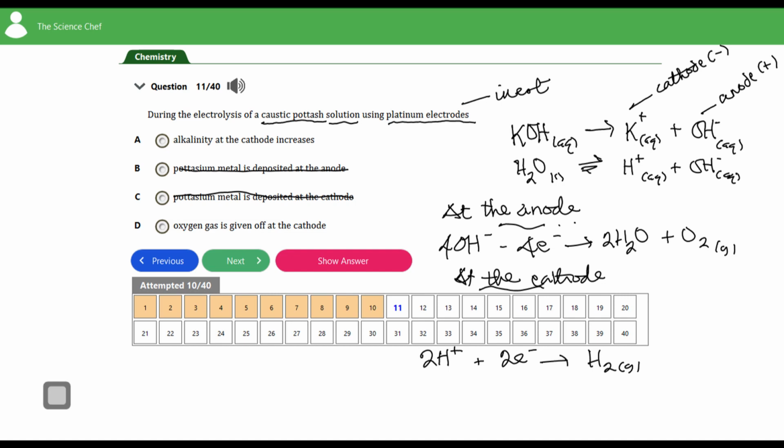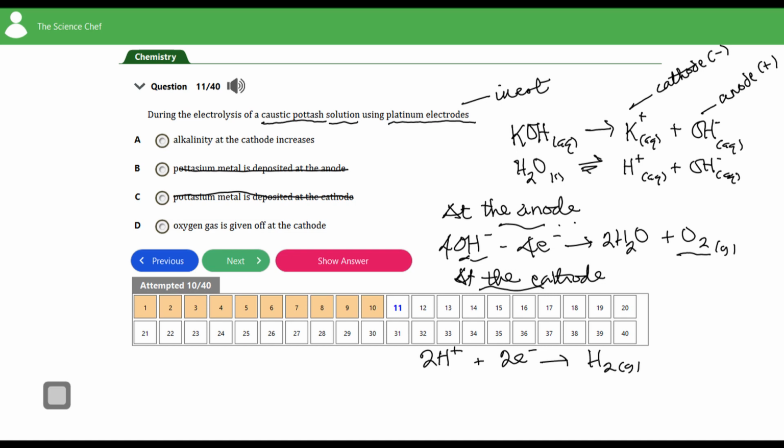Then oxygen gas is given off at the cathode. Is it possible? No, because oxygen gas can only be produced from the discharge of hydroxide ion. And from the analysis here, hydroxide ion is discharged at the anode. So there's no way oxygen gas can be discharged at the cathode.